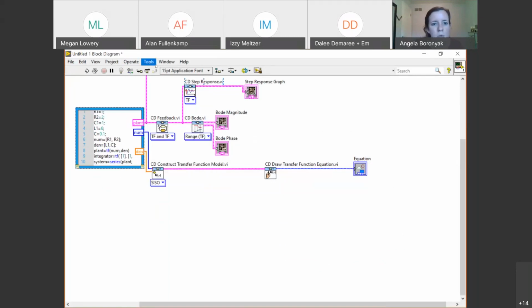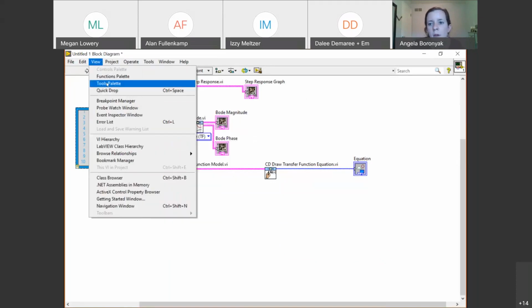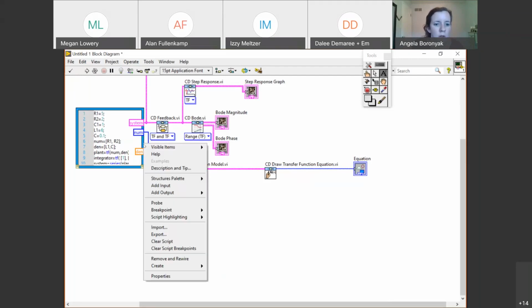If I go to tools, where is my view tools palette? And click on my A, I can change the name as long as I change it to exactly what I called it here, system. Or you could have wired the output itself by saying add output, and if you hadn't wired system, you could use it.